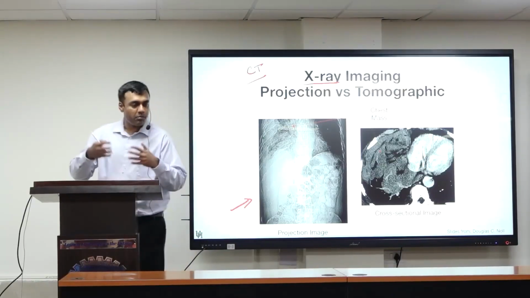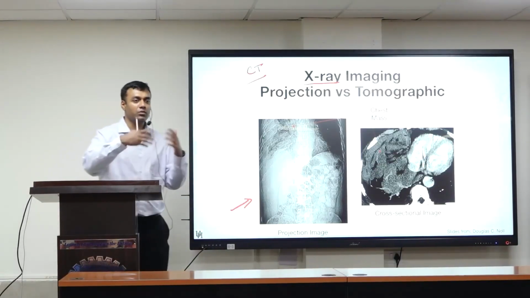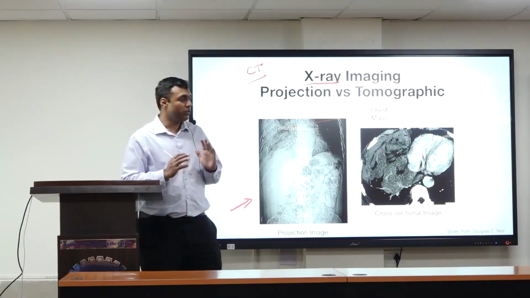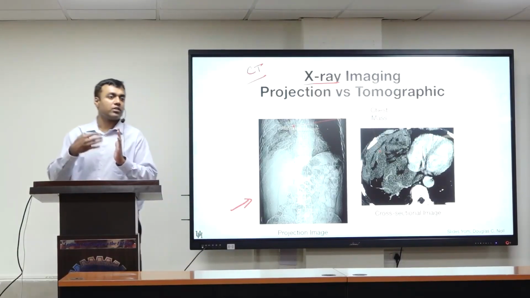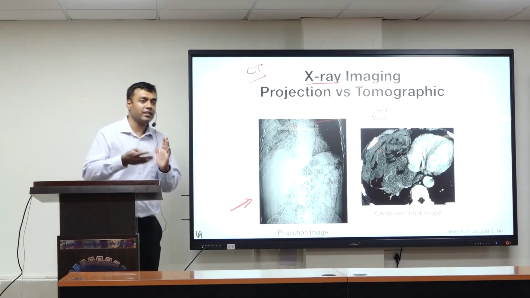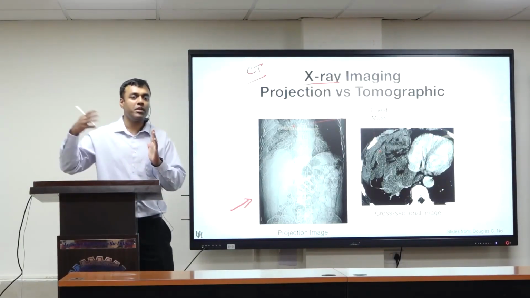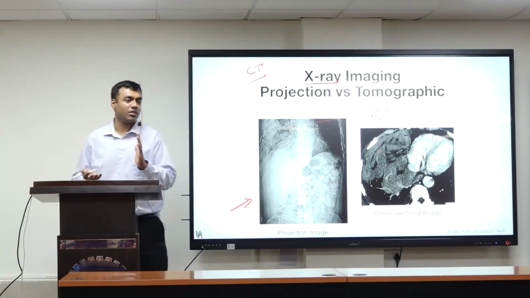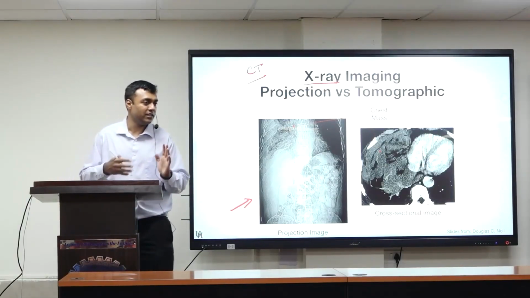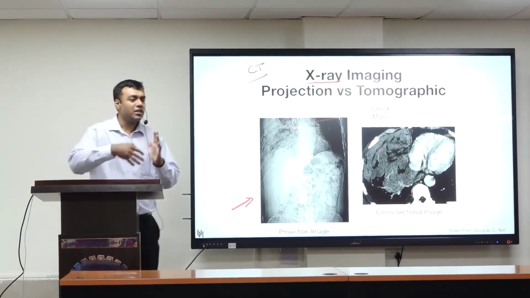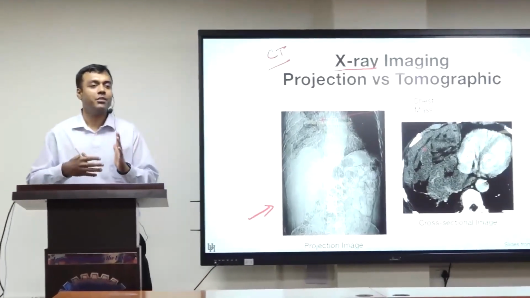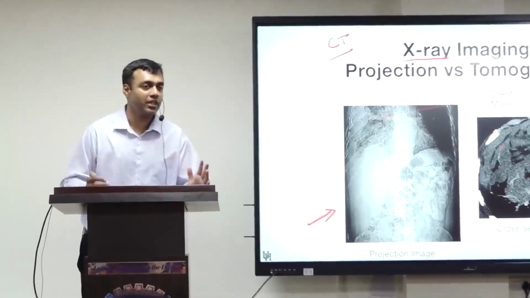And technology was improving on how to get better X-rays and what the problems were. So one of the disadvantages of X-rays is that it's radiation which can damage your DNA and actually cause harm. So too much X-ray exposure is also not very good. People didn't know it earlier, but over time they figured out that once in a while it's okay, but constant exposure to X-rays is very harmful.